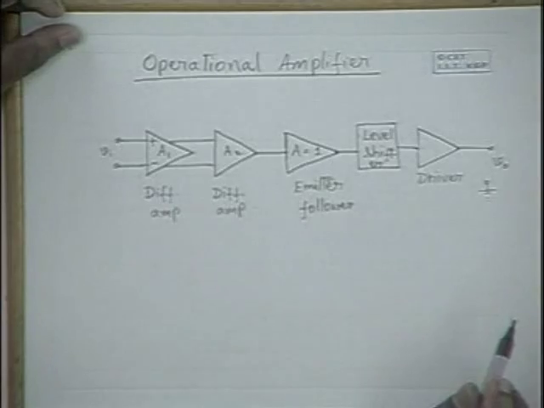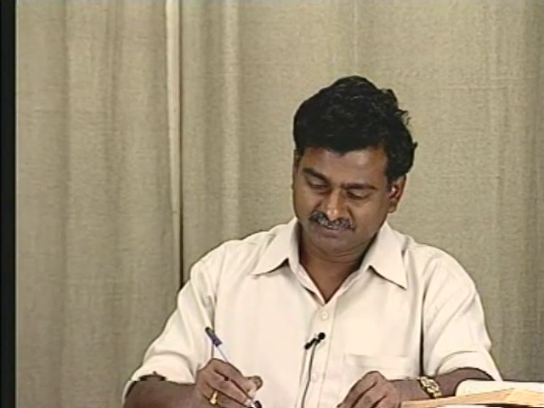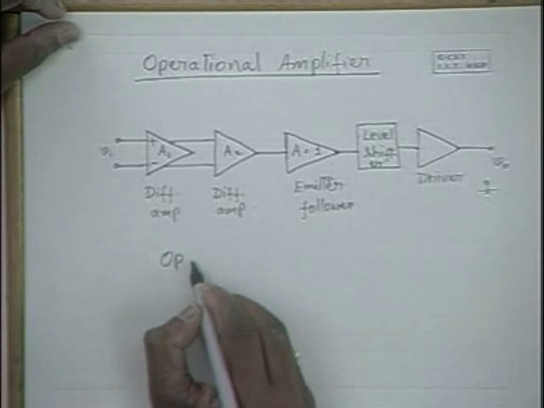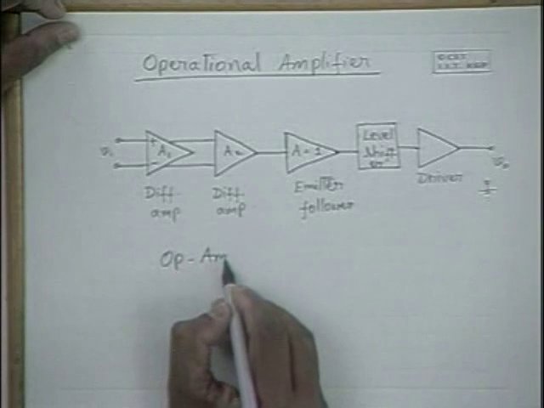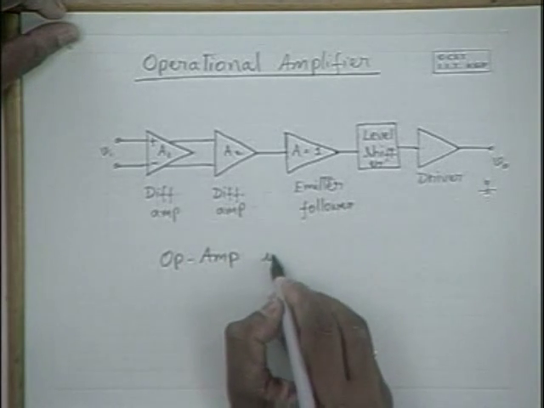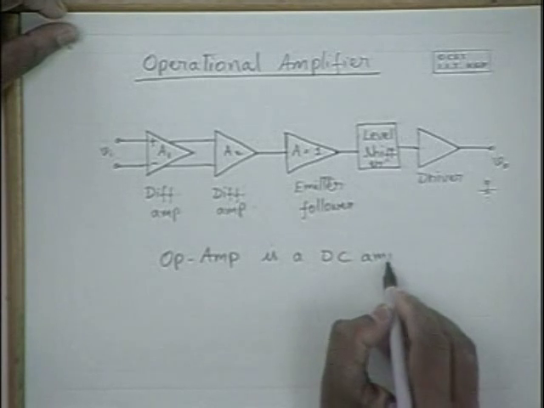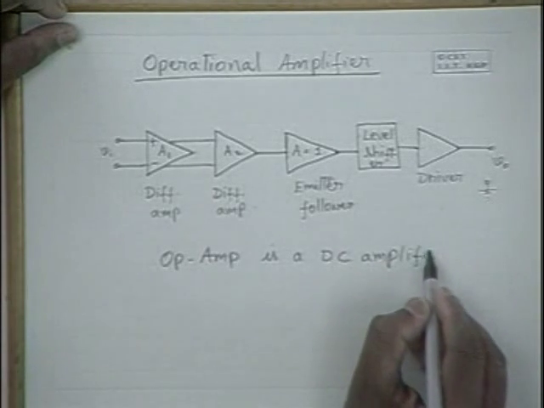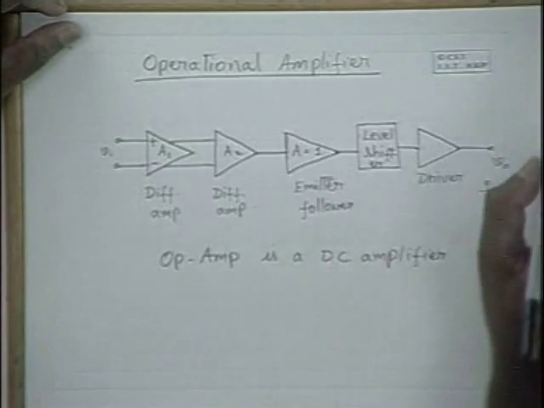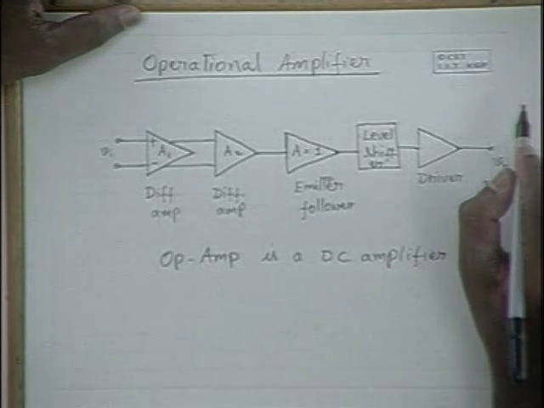Another point which I would like to mention is that an operational amplifier, which is called an op amp in short, is a DC amplifier. It can be used to amplify DC signals also.